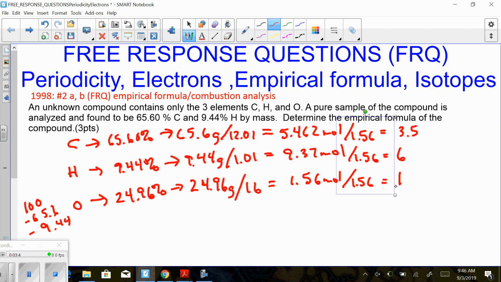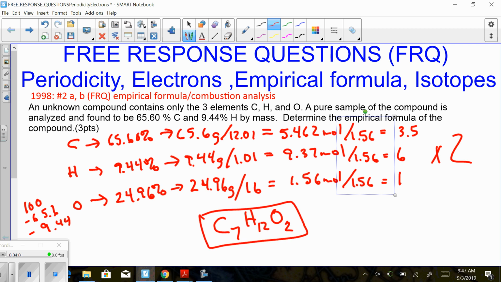That's our ratio of moles. To write the empirical formula, we can't have a fraction, so we have to double everything. So we have 7 moles of carbon for every 12 moles of hydrogen, and for every 2 moles of oxygen. That is our empirical formula for this one.